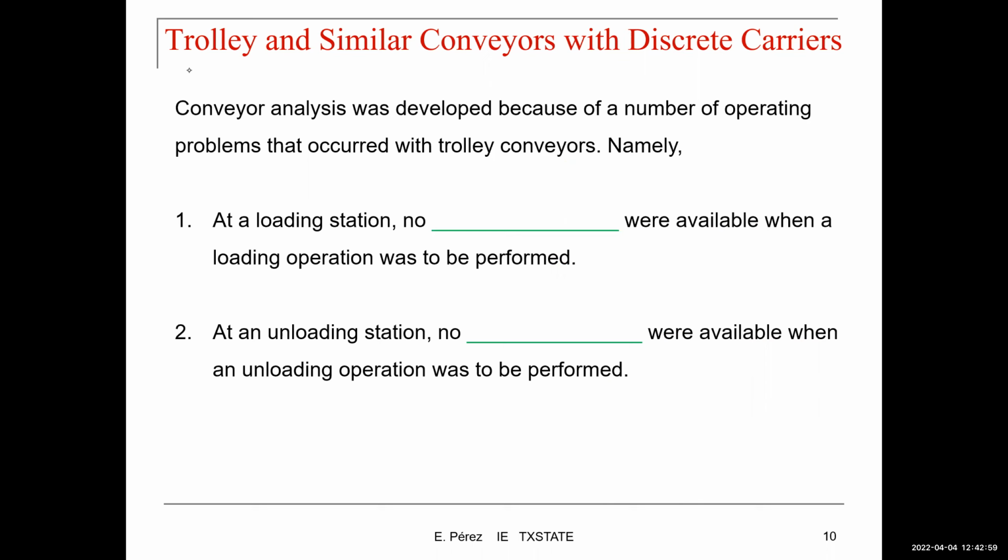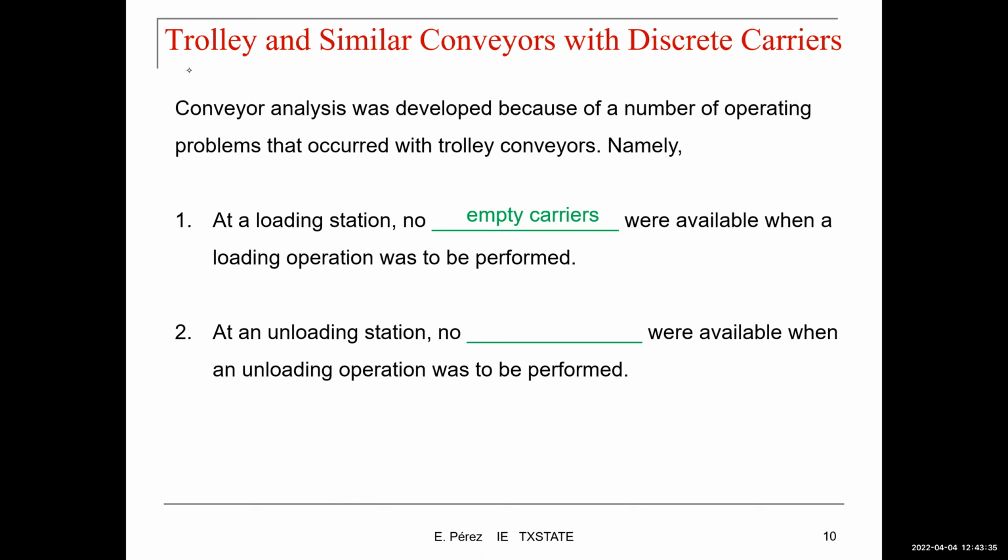Why do we need this type of models? This was developed because of a number of operating problems that occur with trolley conveyors. For example, at a loading station, no empty carriers were available when a loading operation was to be performed. If you don't have a good design, your trolleys don't have enough capacity, and you face the problem that if you need to load an item, you might not have enough space, or you might find all the trolleys full at some point. Now you're holding some of the units in your station, and that's creating delays in the process.